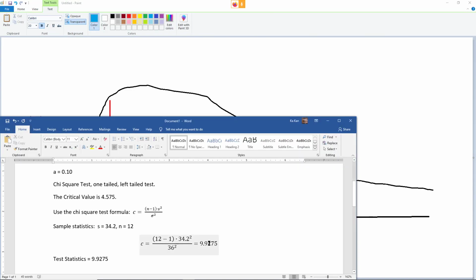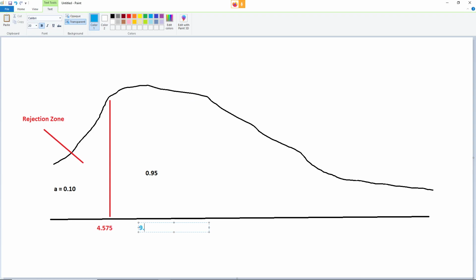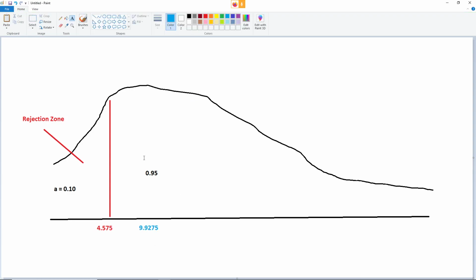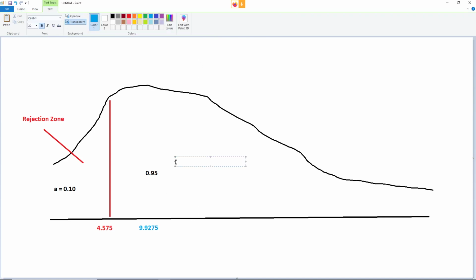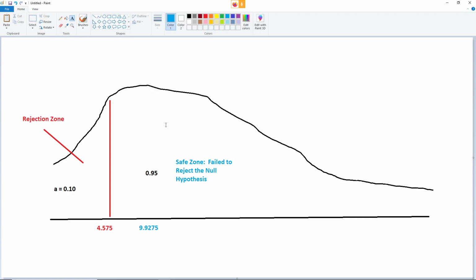It's gonna be 9.9275. So of course it's firmly in the safe zone, right? This is the safe zone. So we fail to reject the null hypothesis. That should be the result.